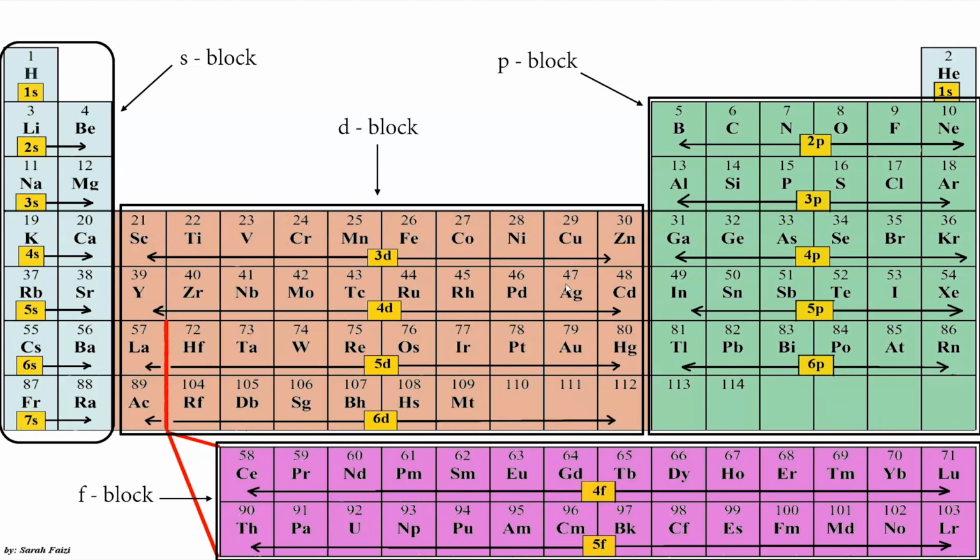For example, when you hit the element indium here, element number 49, you are beginning to fill the 5p subshell in the atom. So we're in energy level number 5 and we're filling the p subshell. If you hit francium, we're now filling the s subshell in energy level number 7.